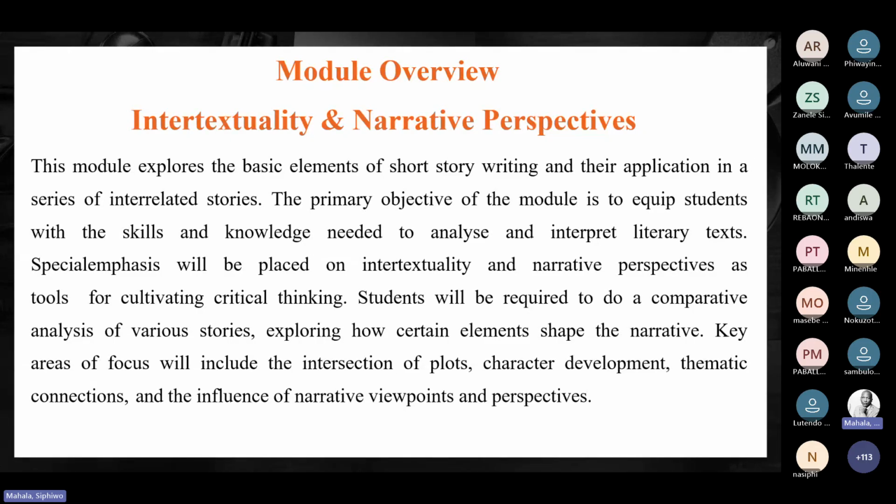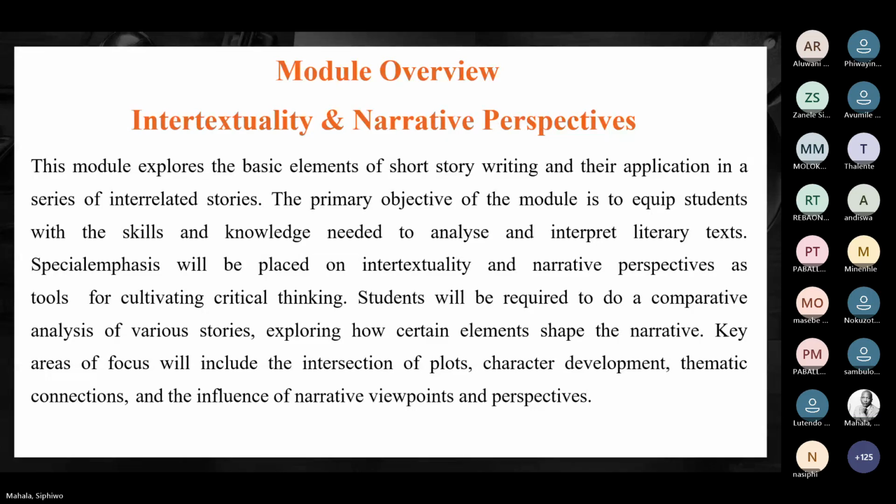Here, you remember that we discussed the basic elements of a short story and also the interrelatedness of the stories, where we spoke about intertextuality, for instance. The primary objective is to equip you with skills and knowledge needed to analyze and interpret literary texts. This includes novels and other forms of literature.